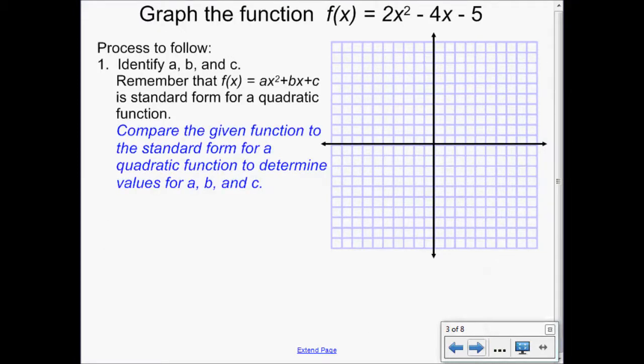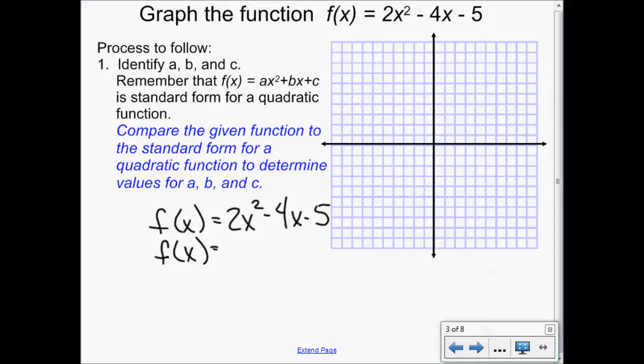So the first thing we're going to do is identify our a, b, and c. To do that, we're going to start with our original function, f of x equals 2x squared minus 4x minus 5. And we're going to compare that to the standard form, ax squared plus bx plus c.